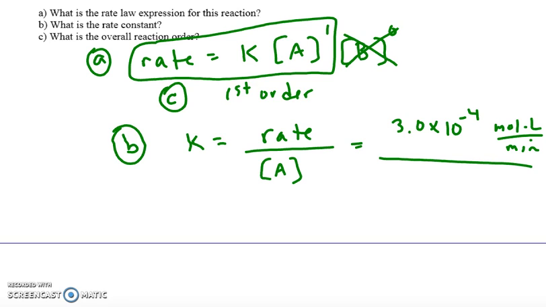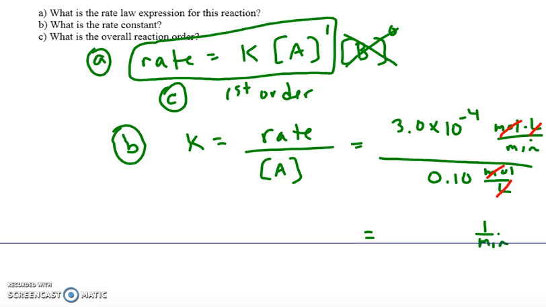The concentration of A was 0.10, and that is moles per liter. We see that moles cancel and liters cancel, and now we're going to see a very different kind of unit here. The unit is just 1 over minutes.